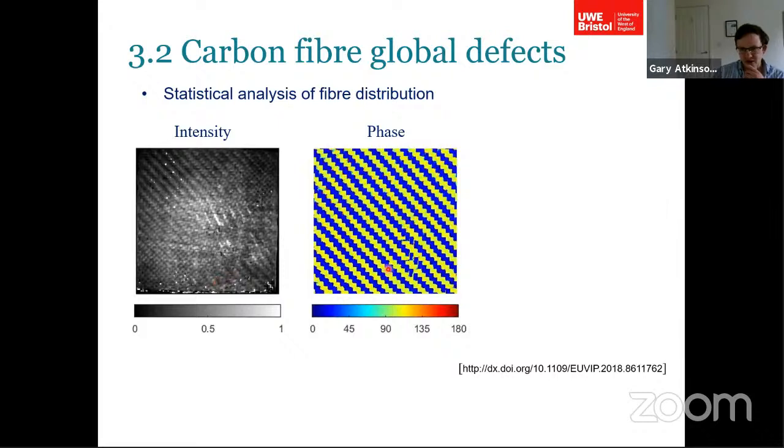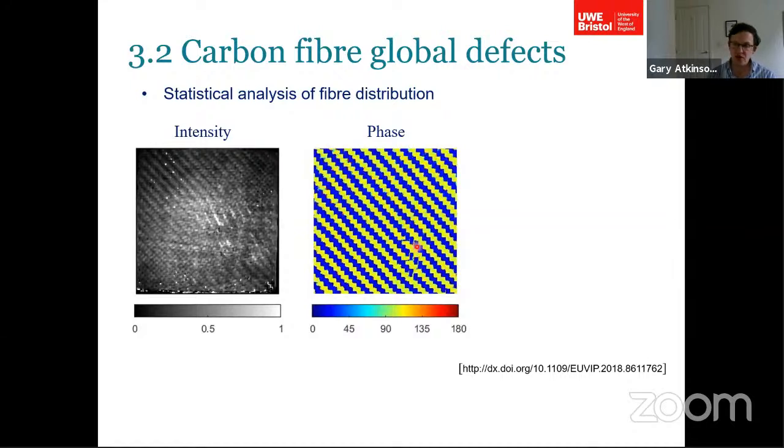You can see the phase image, or the angle of polarization, is aligning itself with the fibers. The reason for that is that the fibers are effectively forming an anisotropic conductive surface. It's a bit like a reflective version of a pair of Polaroid sunglasses. They're only allowing a reflection at a given polarization angle.